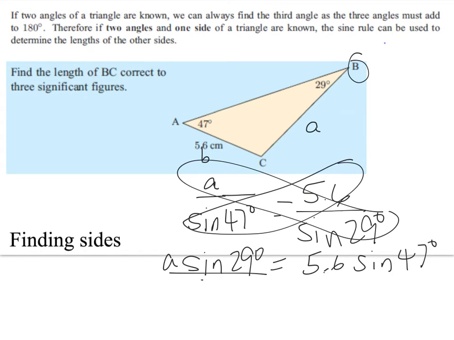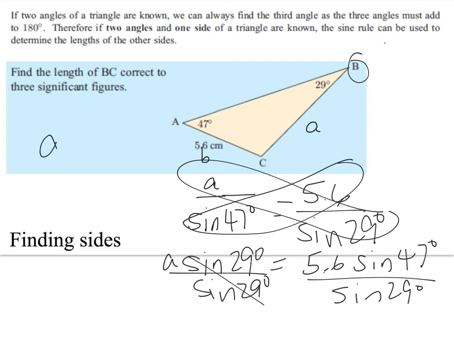And then I divide both sides by the sine of 29 degrees to get a. These cancel, and I'm left with a is equal to 5.6 times the sine of 47 degrees divided by the sine of 29 degrees. And when we plug that into our calculator, we get a is approximately 8.45 centimeters.